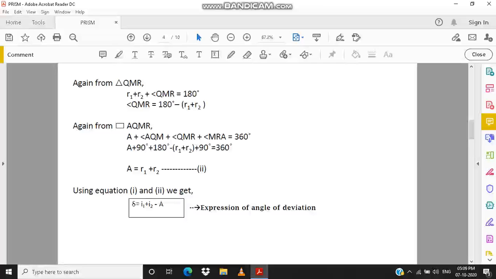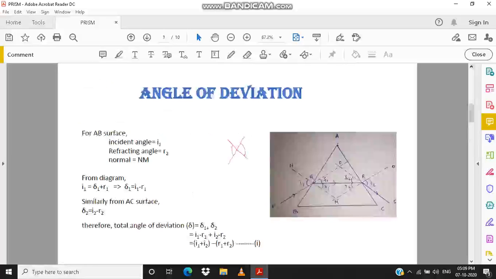Again, from quadrilateral AQMR, let me show you this. Using this, what we see is that the sum of the angles of the quadrilateral is equal to 360 degree, right? So what we will do is angle A plus this total angle.